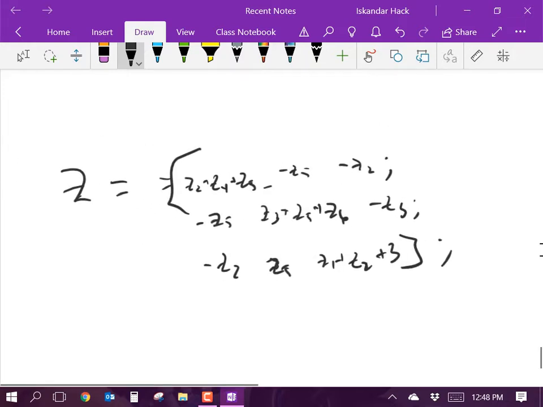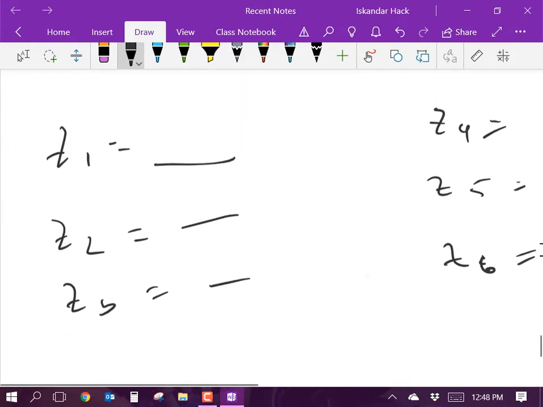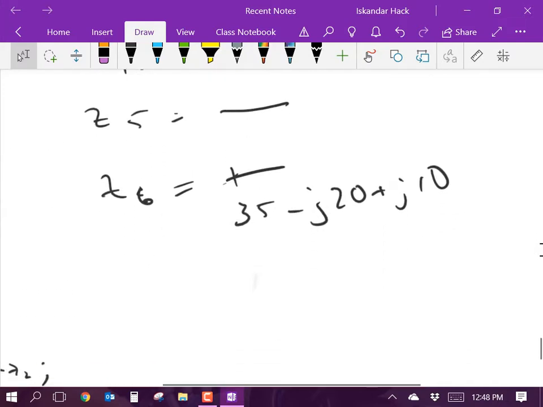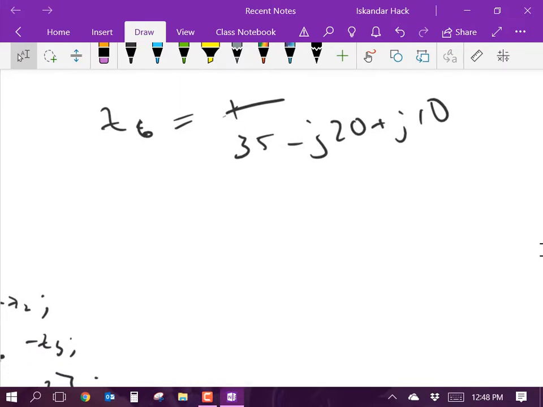So the only place that you actually had numbers was before you wrote that matrix, where you said what each one of the 6 impedances were. And I gave the example where Z6 had a 35 ohm resistor, a minus j20, that's a capacitor, and a plus j10, that's an inductor.